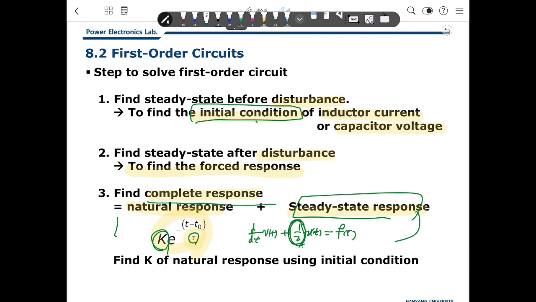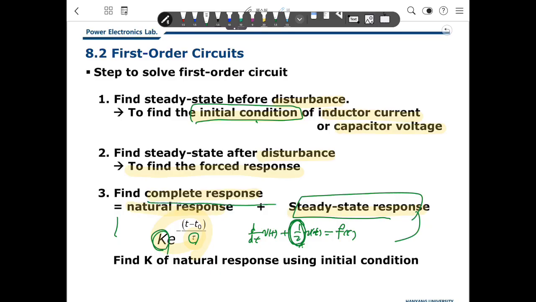Actually, this is not only for the first order circuit, this is also for the second order circuit. You can use these steps. The only different thing is, if you solve a second order circuit, I mean an electric circuit that has one inductor and one capacitor, or two capacitors or two inductors, that will be a second order differential equation.